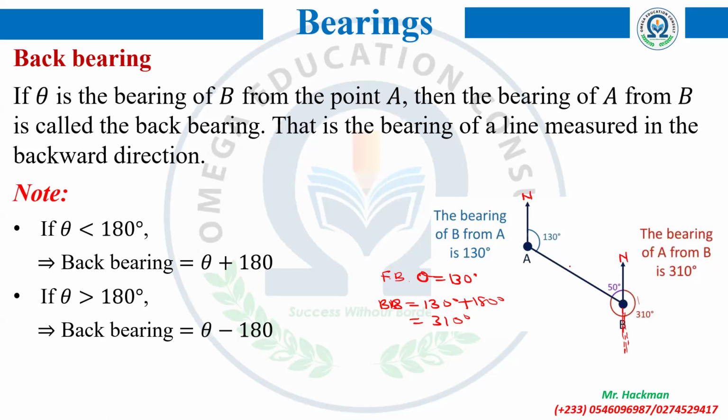Now do you also agree that the angle here will be the same as the angle here? This angle. Do you agree? If you don't agree, let's look at this. Always, your north-south lines will be parallel. Do you agree?